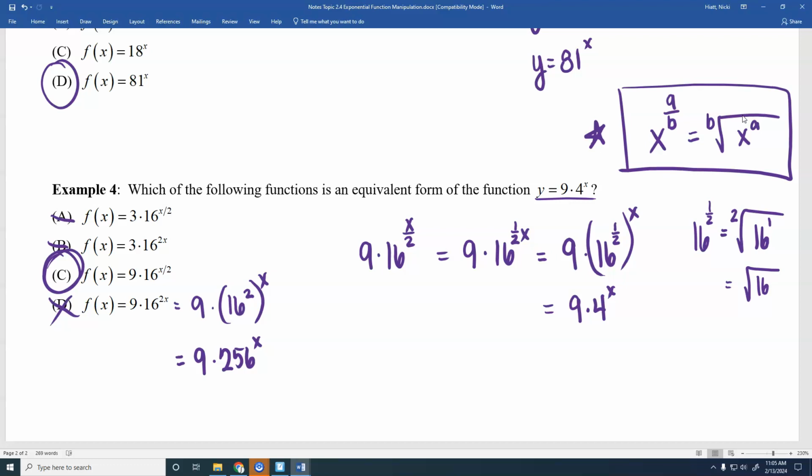What would you do if there was a different number in there? How would you solve that? If you have something like, for example, the cube root of 8. Think about the square root of 16 first. When you have the square root of 16, it's saying what number times itself equals 16.